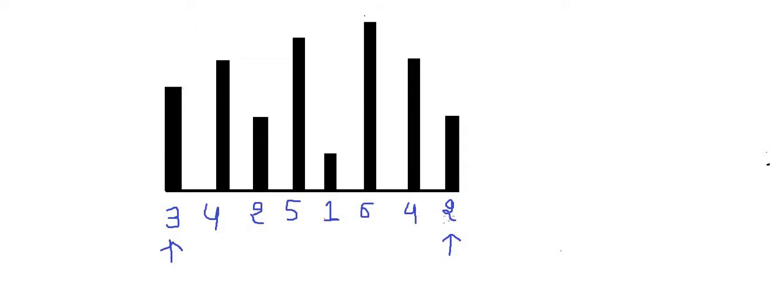So we have to move the pointer which has the minimum height. In this case 2 is less than 3, so we will decrement our right pointer, so it comes to this 4. And now we will again calculate our area.